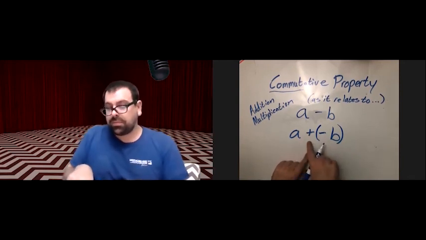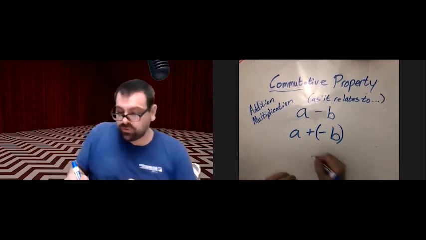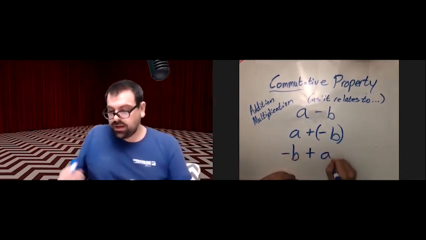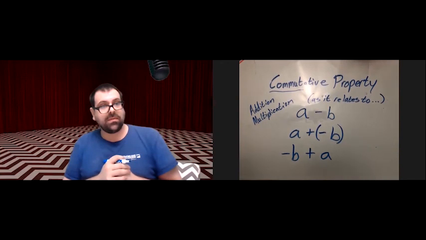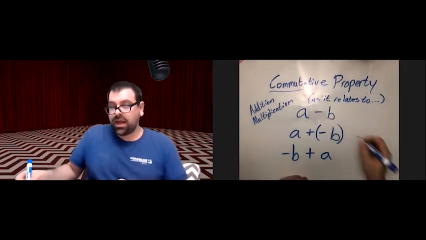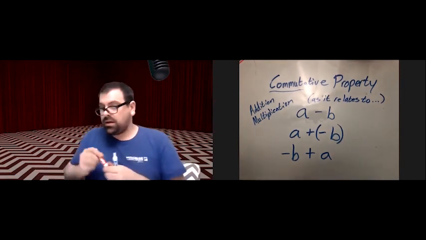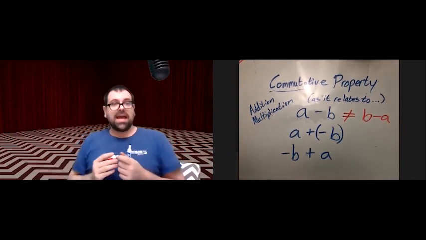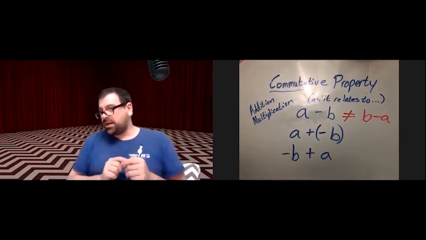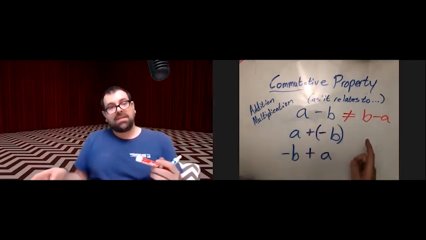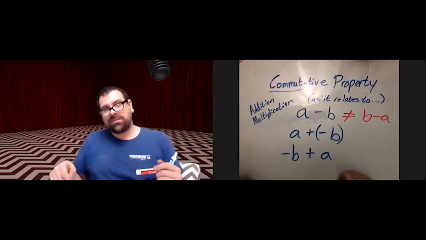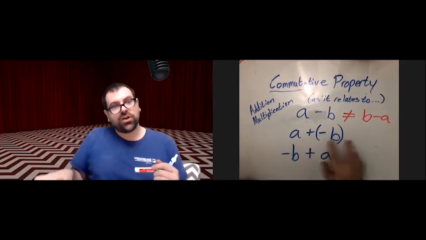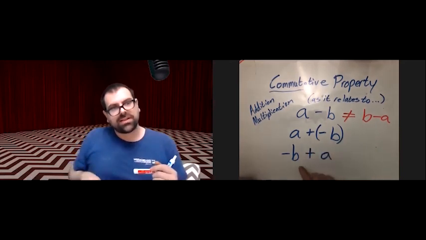So A plus negative B, if we wanted to move the terms around, it would have to be negative B plus A. So A minus B is not the same as B minus A. There is no commutative property of subtraction. A minus B can be rewritten, but you have to write it as addition first and then move the terms around the addition sign.